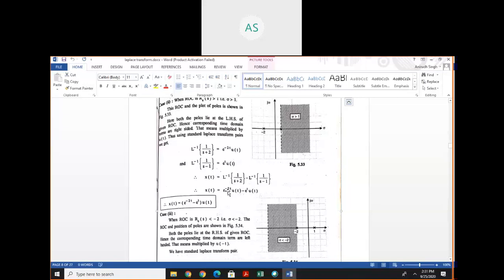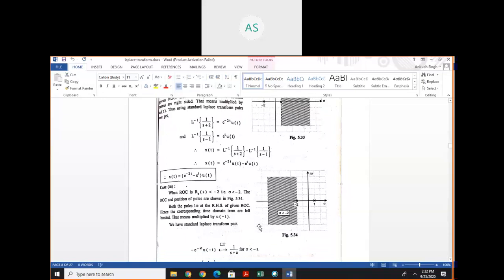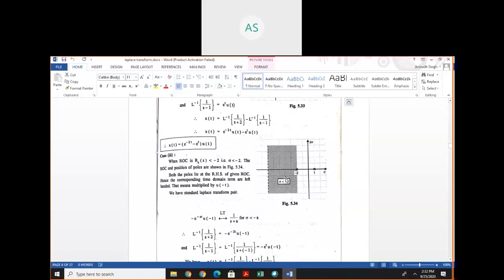So we take the standard Laplace transform pair. In this case, the signal is multiplied by u(t).